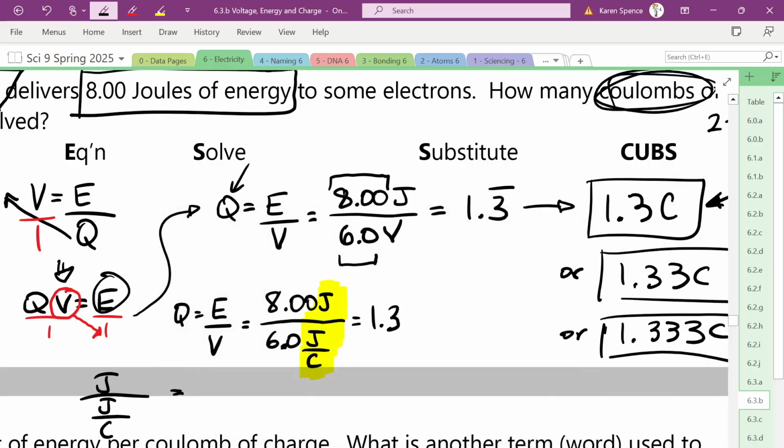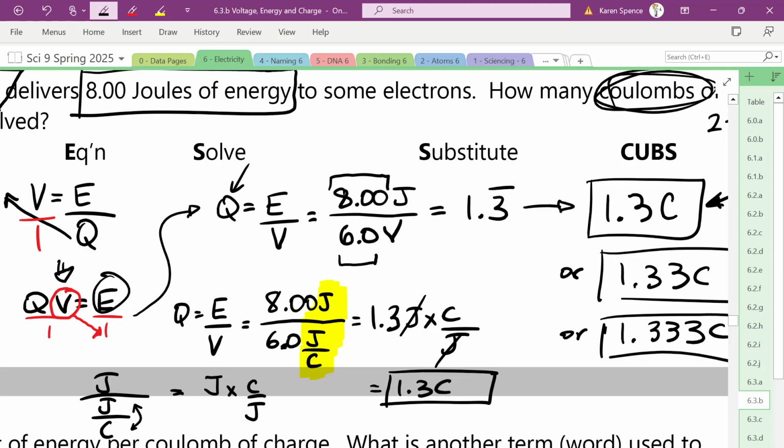So this would be joules times the reciprocal of joules per coulomb, which is coulombs per joule. So now we have joules times coulombs per joule. And guess what cancels out? Joules, and we are just left with 1.3 coulombs. Like I said, that one's pretty tricky. If you get it, that's fantastic. If you don't, not the end of the world.